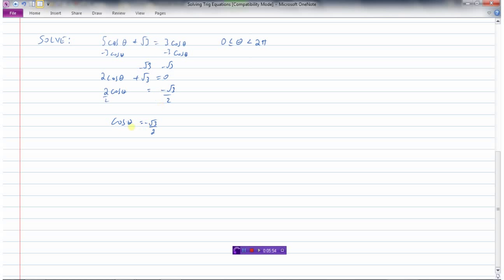Now that we're at this step, we need to deal with this cosine theta piece. So here's where the trig comes in. So we need to find out where is cosine negative. Well, cosine's positive here, sine's positive here, so we must have one answer in this quadrant.